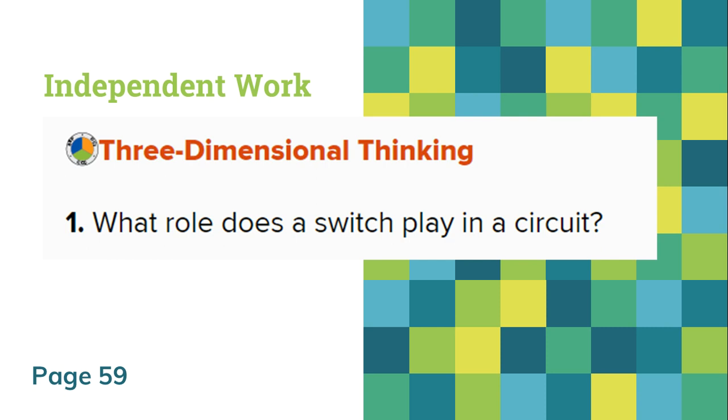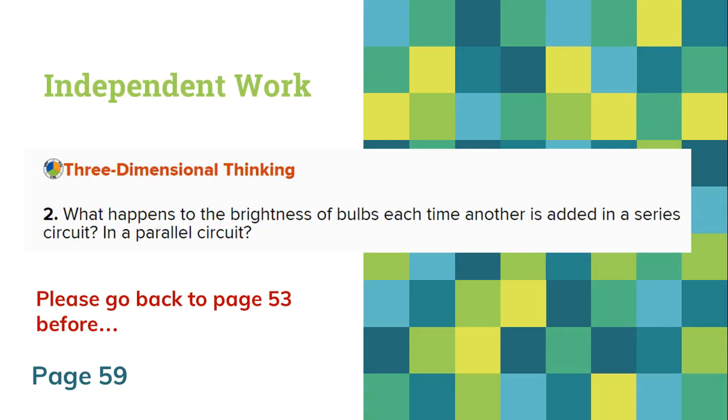If you need more information on this, you may go back to our question of the day, or you might play yesterday's video, it's actually Monday's video, where we talk a little bit more about switches. So basically they're asking you here, what's the role? What does it mean to have a switch on a circuit? What is the main function? All right, so right there you're going to explain that.